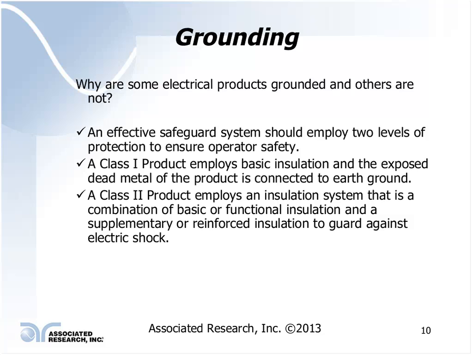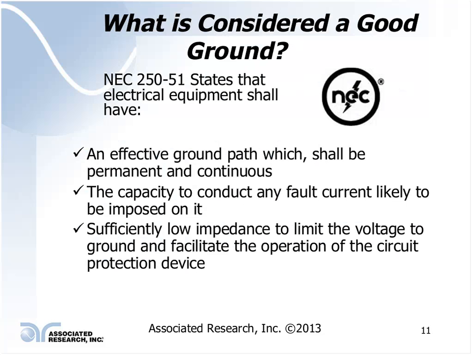In a Class 2 product, the product employs the basic or functional insulation, as well as supplementary or reinforced insulation, to guard against electrical shock hazards. So we must have one of these two types of protection to guard against electrical shock hazards, to protect the operator against these electrical shocks.